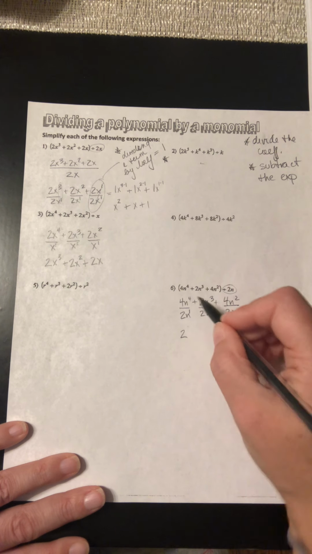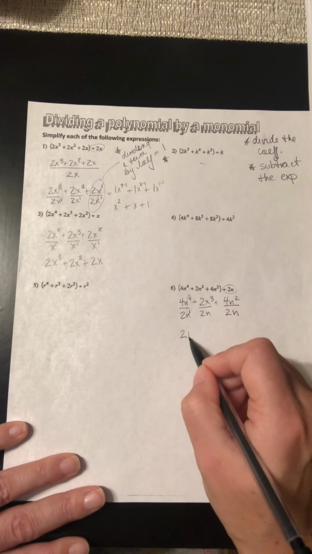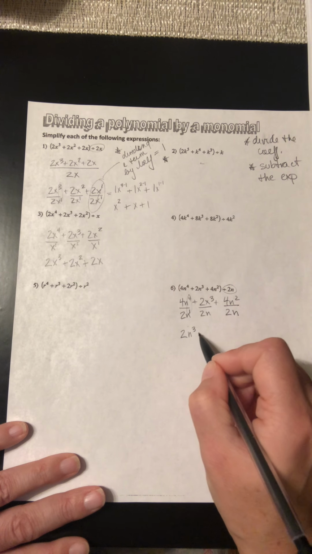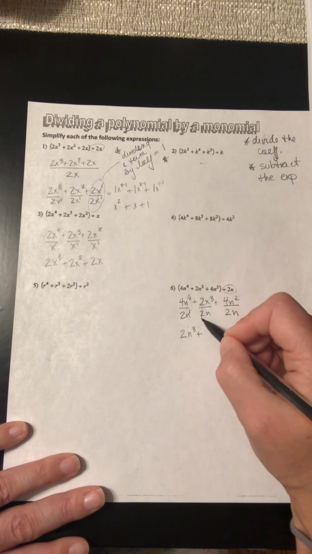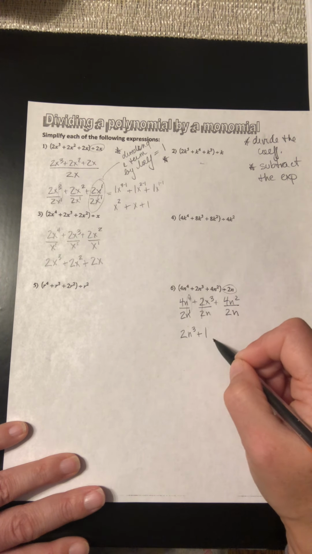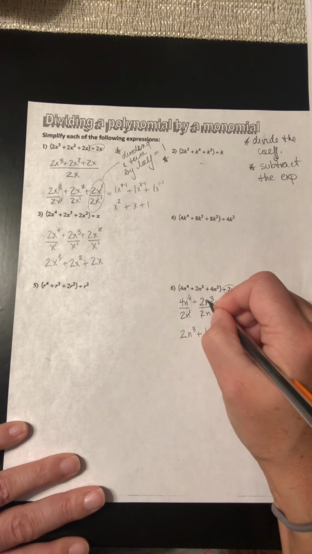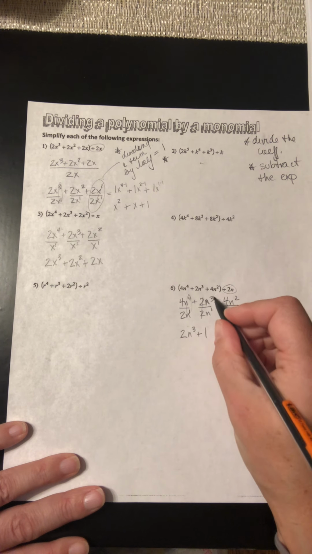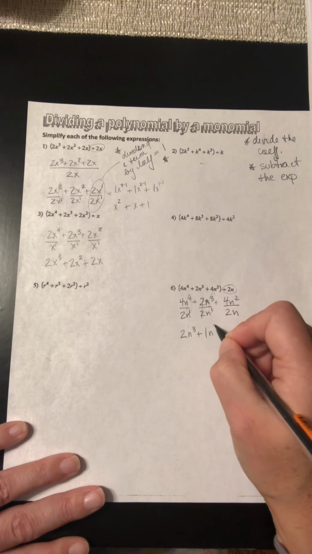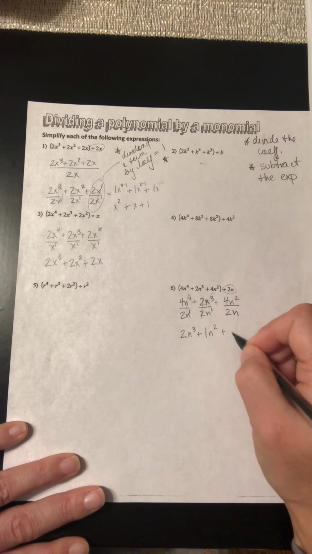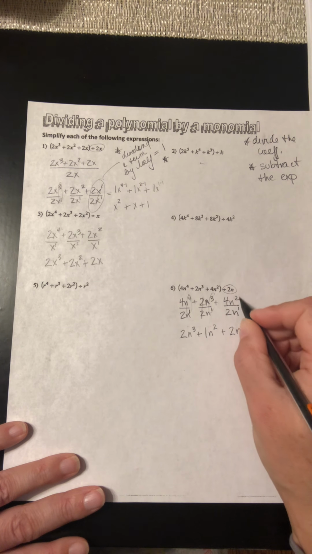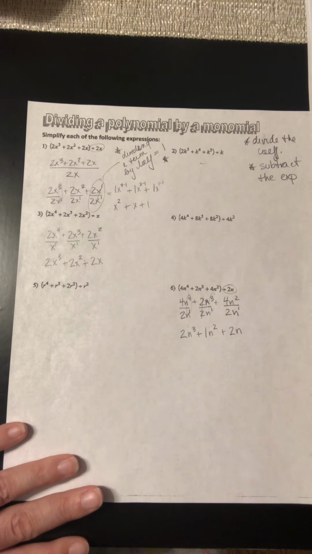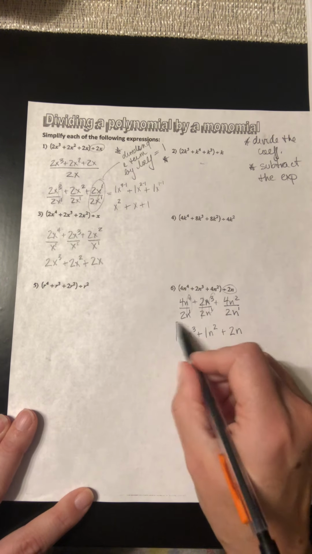Then it's n to the 4 minus 1. So that should be 3. 2 divided by 2 is 1. You don't have to write the 1. Oh, I changed this to an x randomly. And then 3 minus 1 is 2. And then 4 divided by 2 is 2. And n to the 2 minus 1, which is the first.